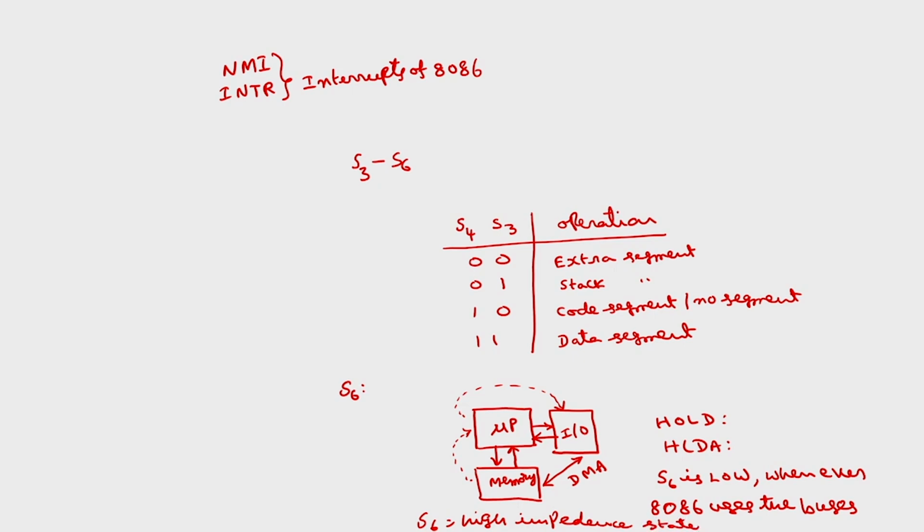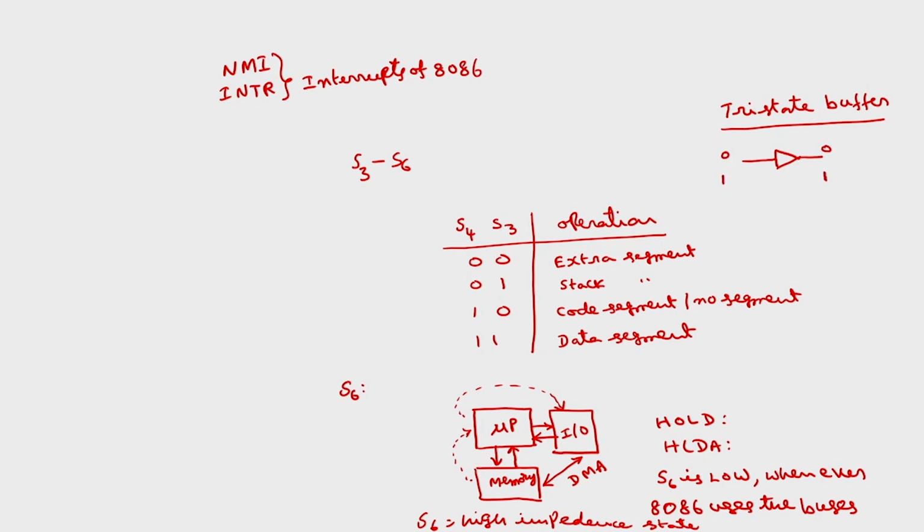So, what is meant by high impedance state? In digital terminology we know logic 0 and logic 1. If I take a tri-state buffer, the buffer is basically a current amplifier, but the input and output voltage will be the same. If I apply 0 here, output is also 0; if I apply 1 here, output is also 1.